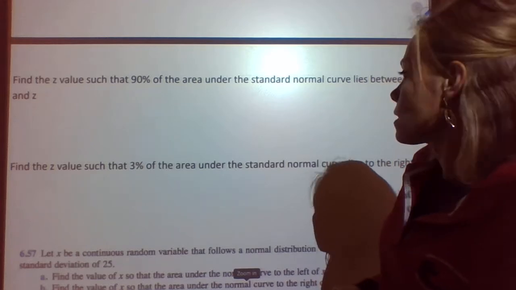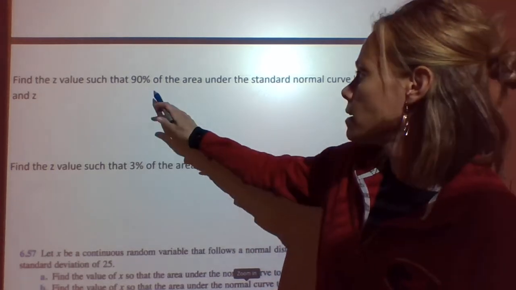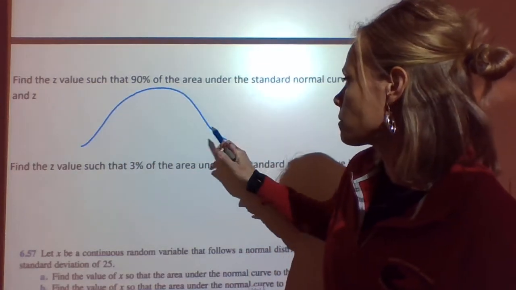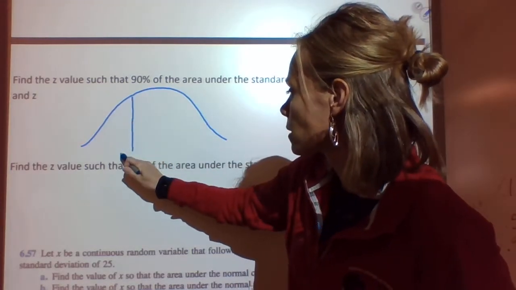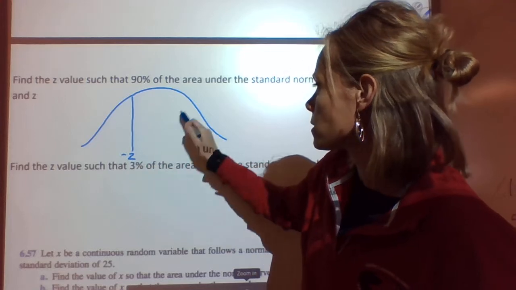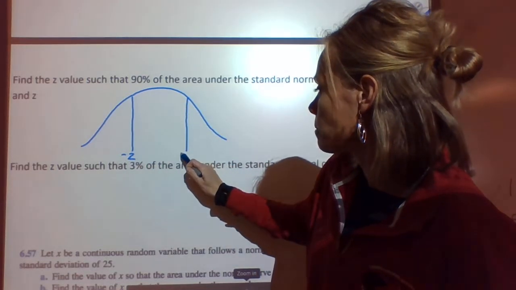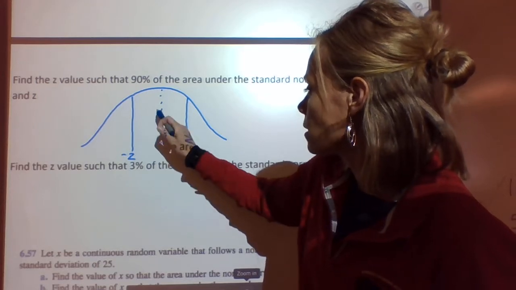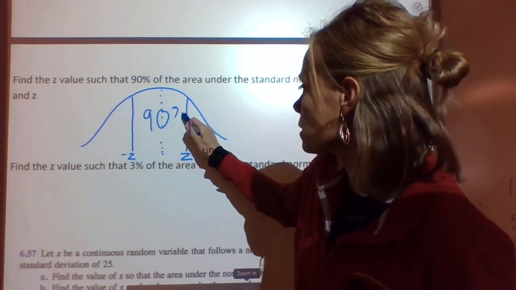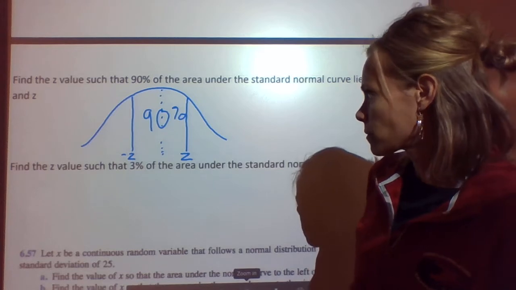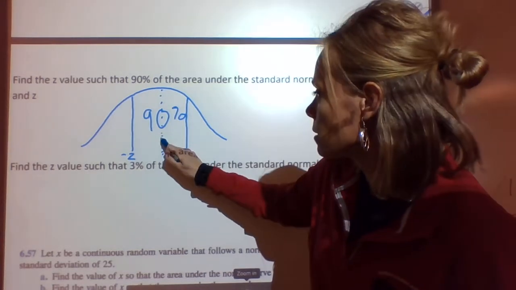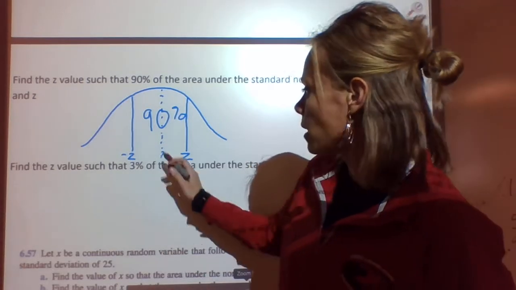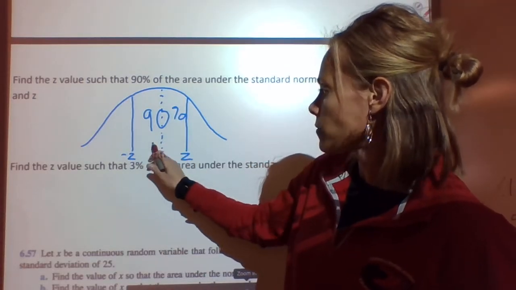I want the middle 90%. So area in between, I have some negative z-score and some positive z-score. Here's my mean. And I want this to be 90%. Okay, so if it's the middle 90%, what do I know about each one of these halves?